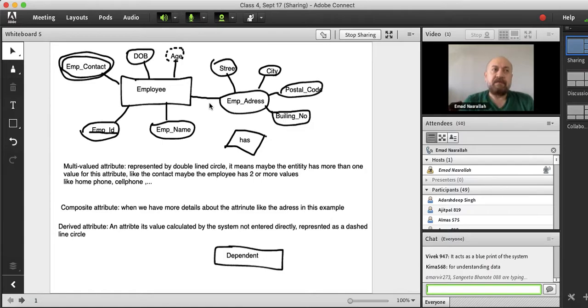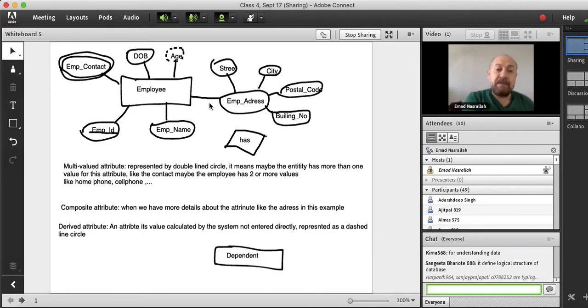One of the team members will meet the client. Not all the team members are going to meet the client. So the person who meets the client and collects the information about the system will draw the ER based on that.